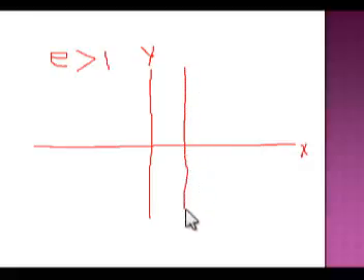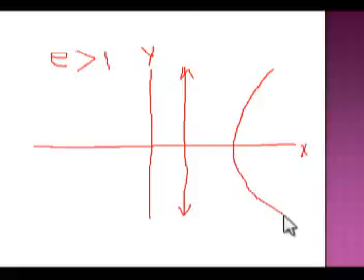This is the directrix, a fixed straight line, and a hyperbola in this way. This is the origin O, and this is the vertex. Vertex we will take as A0 at first.